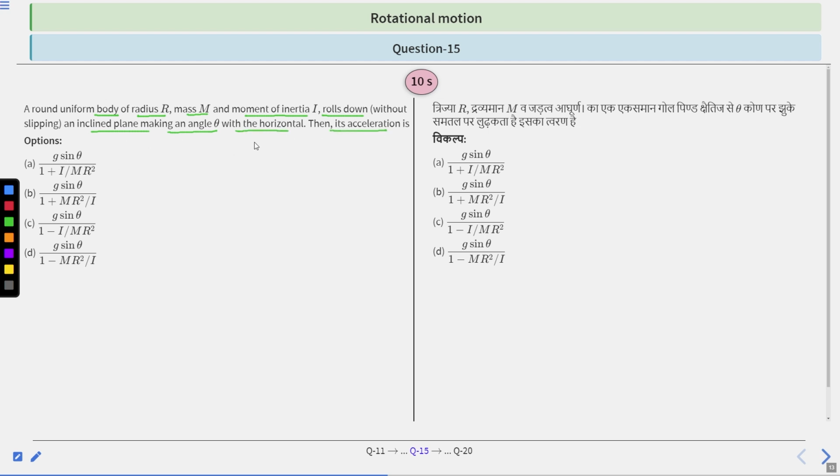Given options: option A is g sin theta divided by 1 plus I by m r square; option B is g sin theta divided by 1 plus m r square by I; option C, g sin theta divided by 1 minus I divided by m r square; option D, g sin theta divided by 1 minus m r square by I. Which option is correct? You have 10 seconds to solve this question. After 10 seconds, we will provide the solution.